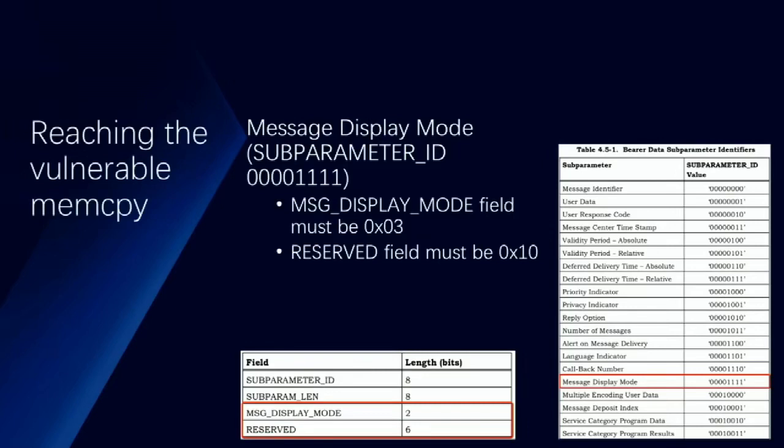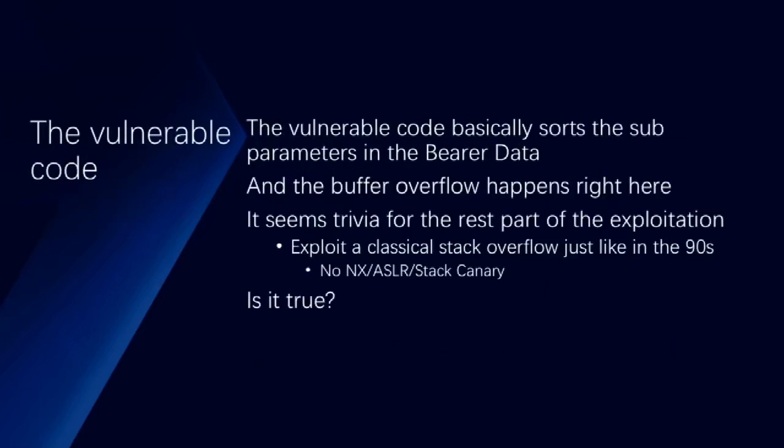It has many fields itself, and we have to set the message display mode to 0x03, which is 2 bits, and then set the reserved field to 0x10. As you can see, the PIL message is actually a vendor-specific feature, so it is not in the specification. After we set all the fields correctly, it looks like we can reach that final vulnerable memory copy.